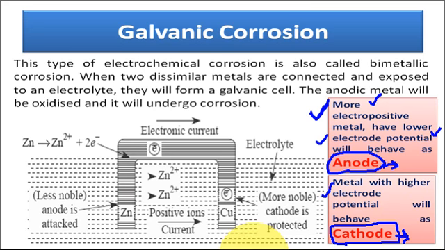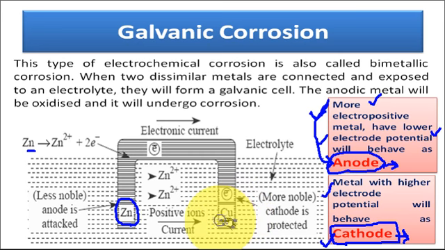So when two dissimilar metals are in contact with each other, the more electropositive metal will behave as the anode, while the less electropositive metal behaves as the cathode. So in this case, zinc and copper, two metals, are in contact with each other. This is the zinc part and this is the copper part. The more electropositive metal is zinc. So the zinc behaves as the anode, while the less electropositive metal is the copper.